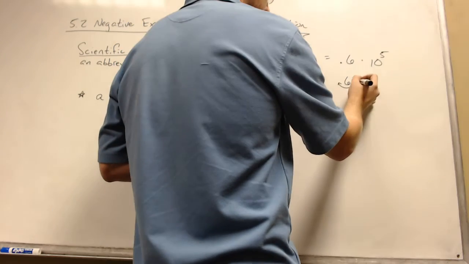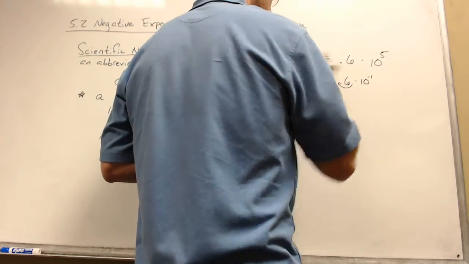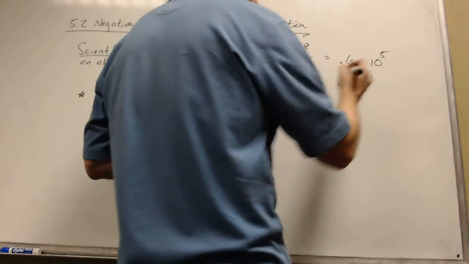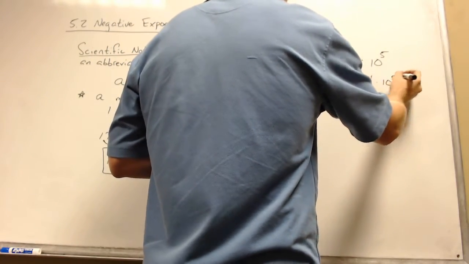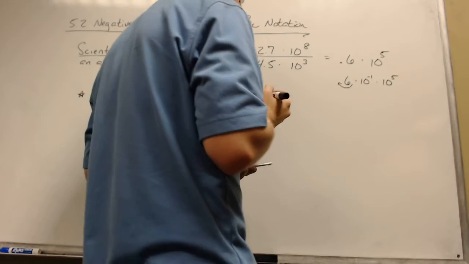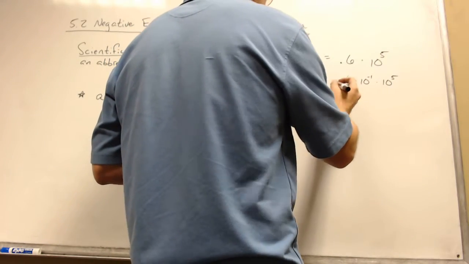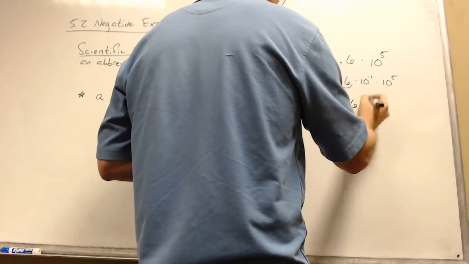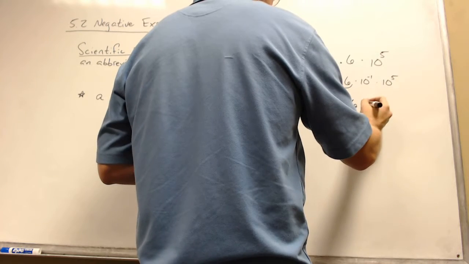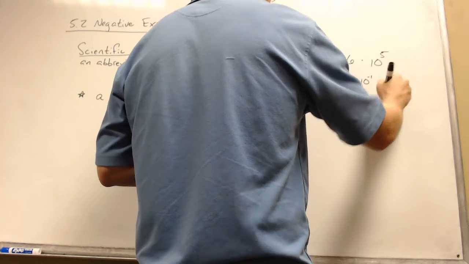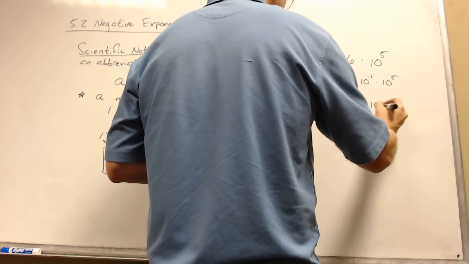So that'd be 6 times 10 to the negative first power times 10 to the 5th. And now we can combine these two together, add our exponents. Negative 1 plus 5 would be 10 to the 4th.